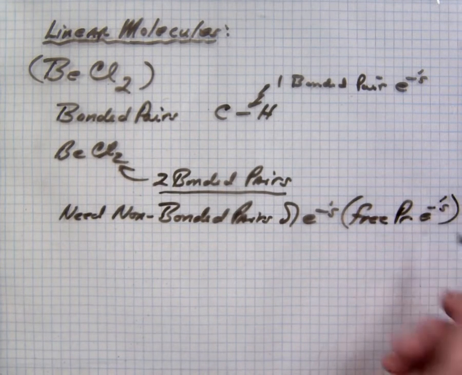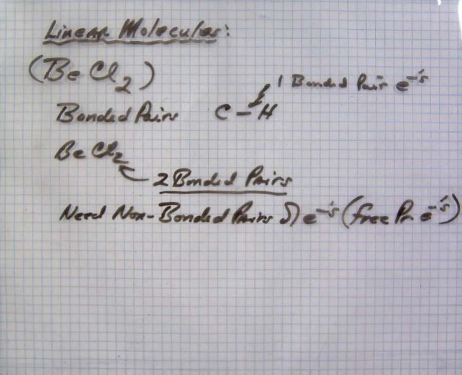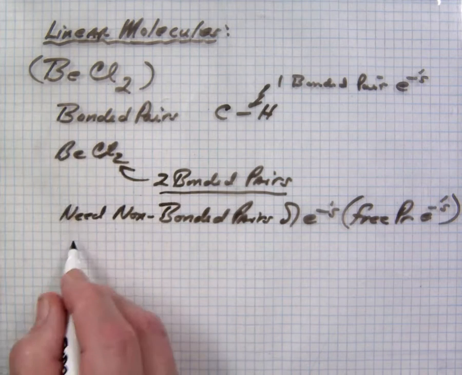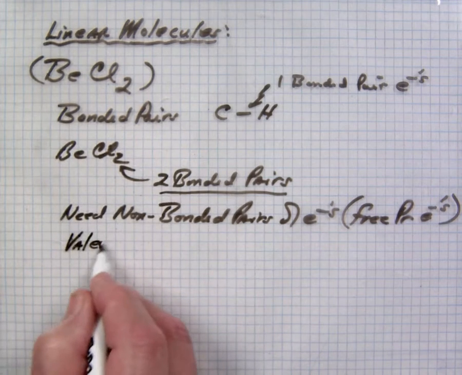The number of free pairs is calculated with a formula similar to that AVO octet minus valence over 2, but this time, now keep it separate, it's going to be valence number minus substrate number, over 2. We're going to figure a valence number and a substrate number, and that'll tell us how many electron pairs, non-bonded pairs, okay?